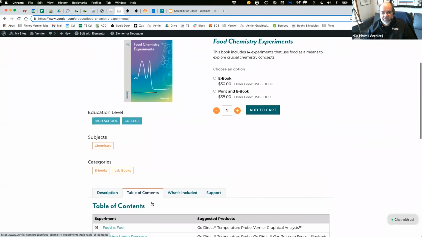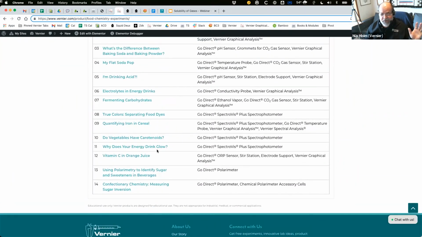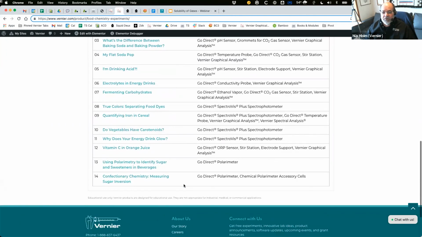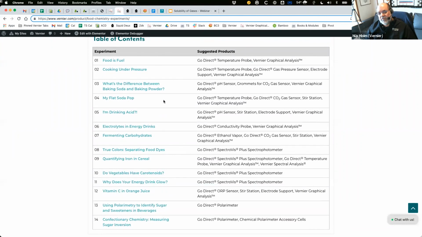For things that I needed, like spectroscopy, Melissa's an expert, so I let her do the spectroscopy stuff. We had some other options here, but there is a section in the lab manual that shows you the chemistry concept and the experiment from this book that you could use.